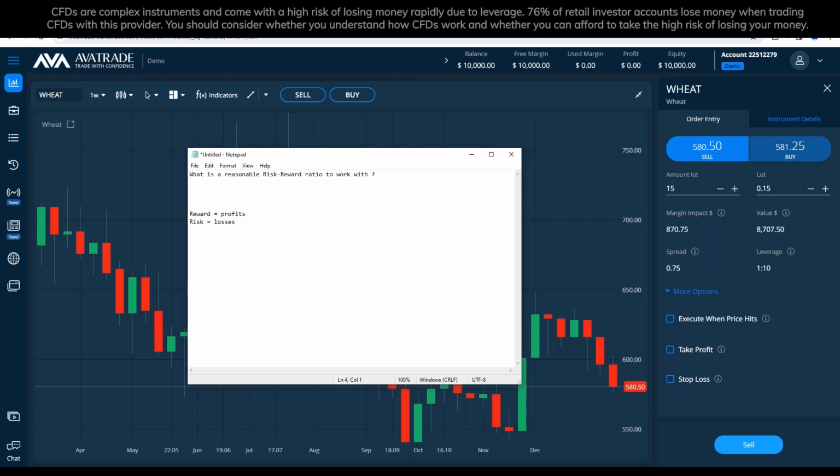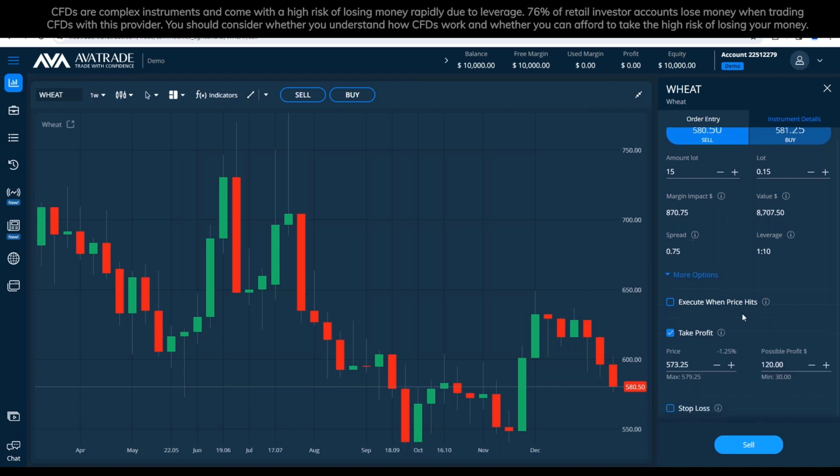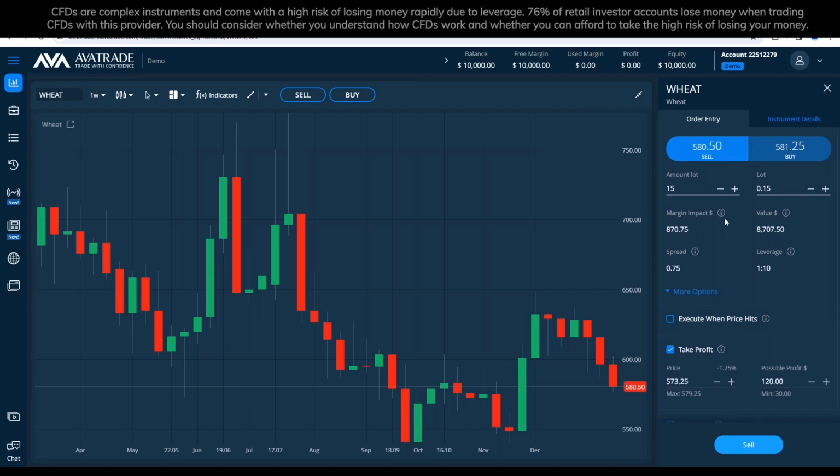So to understand my risk reward, I'm going to use two things that are pending orders. One of them is called take profit. The other one is stop loss. Okay, so take profit and stop loss. What they do when they reach a certain level, okay, if I click here on the take profit, obviously when I'm selling something, just to clarify, guys, when I'm selling, my intention is that the value will decrease, and when I'm buying, I want the value to increase.